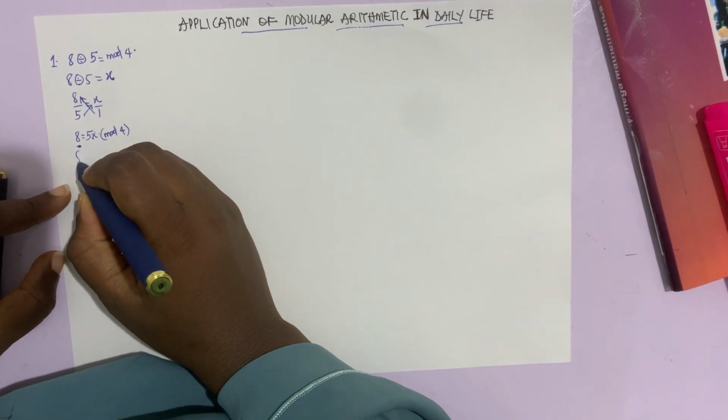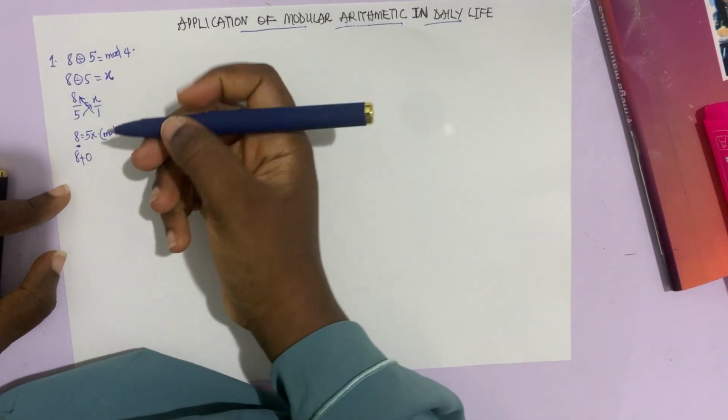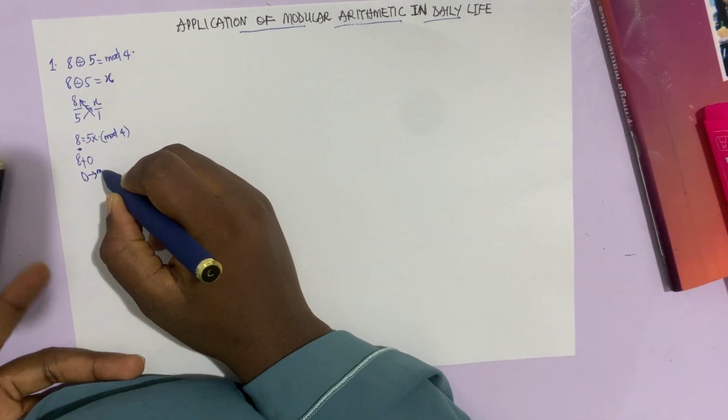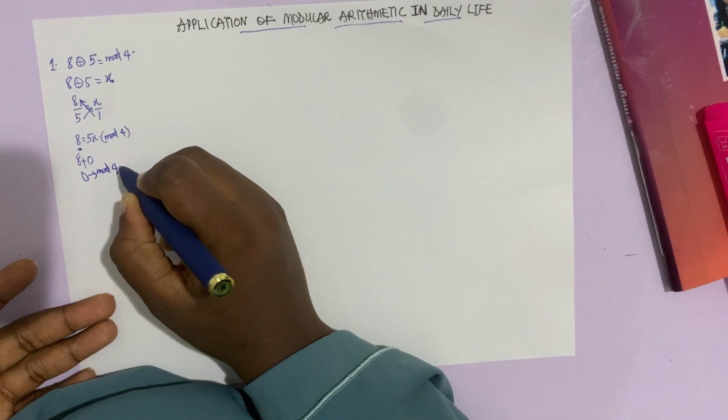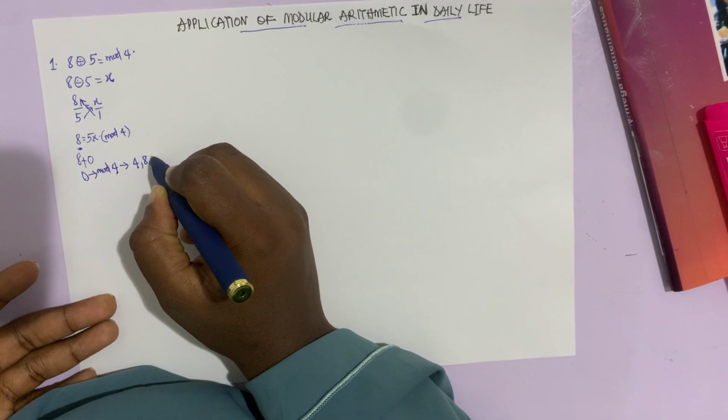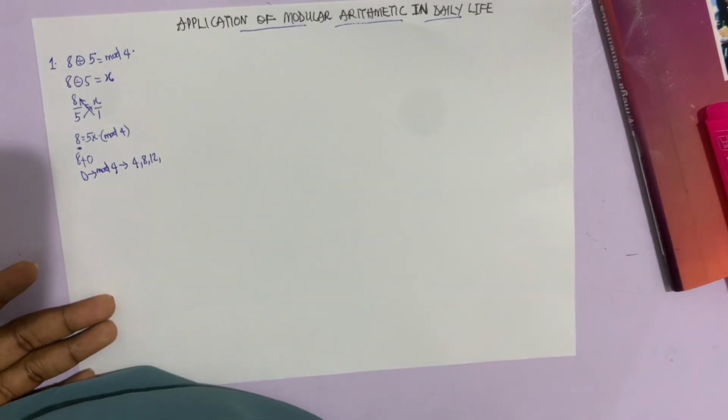So what we do is add 0 to 8 modulo 4. 0 in modulus 4 is multiples of 4. It could be 4, it could be 8, it could be 12, and on like that.